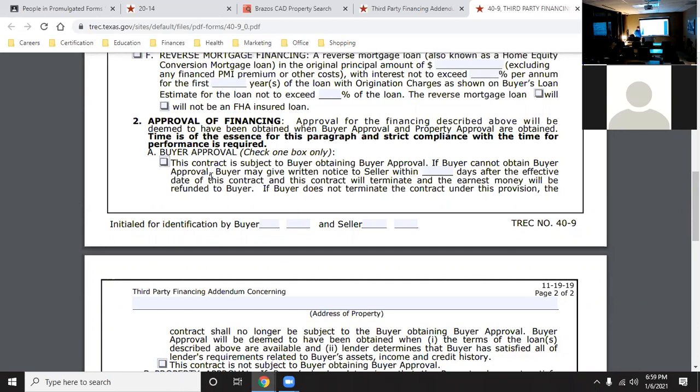What happens if they find that wasp honey on the day of closing, and they want it removed, and they decide they're not going to close that day, and they're going to wait 3 or 4 days? Well, what happens if your client loses their job within that time? Now they can't back out and they're stuck.